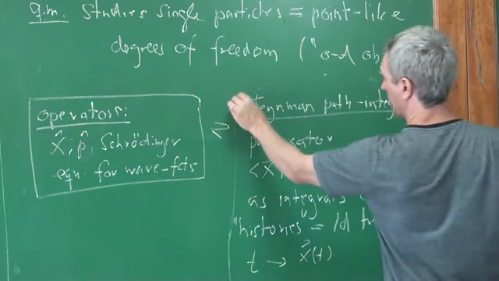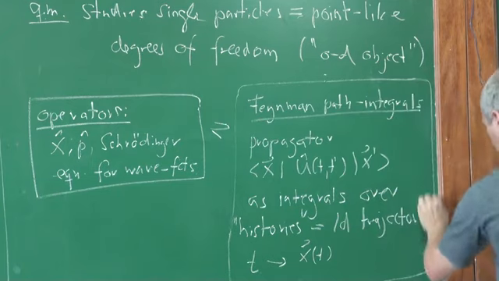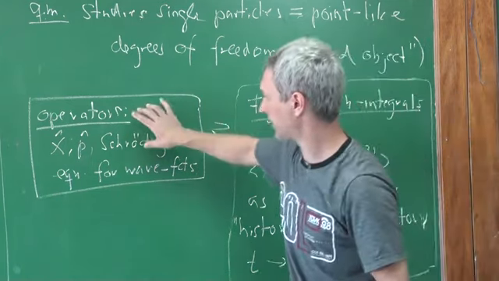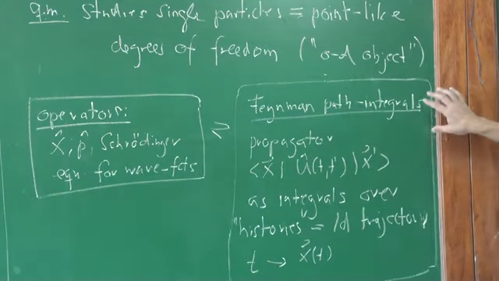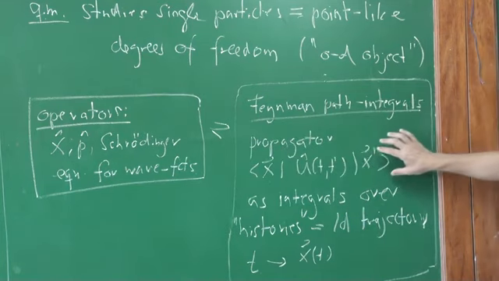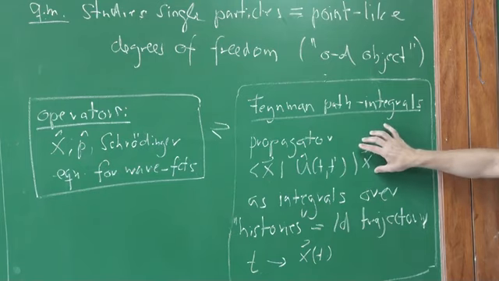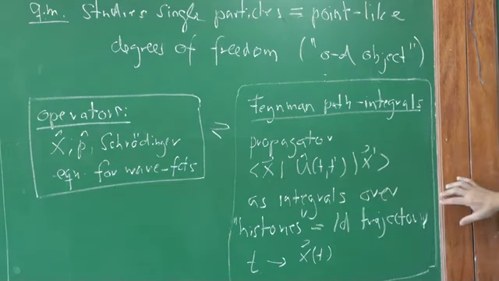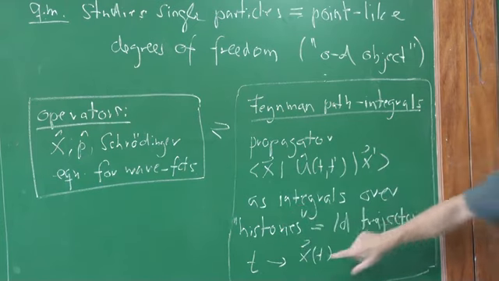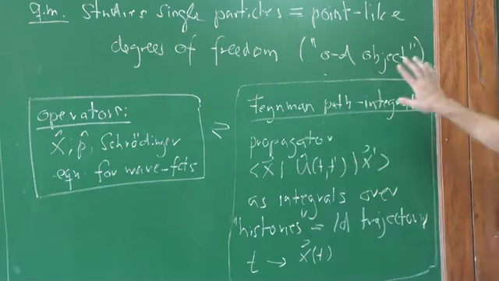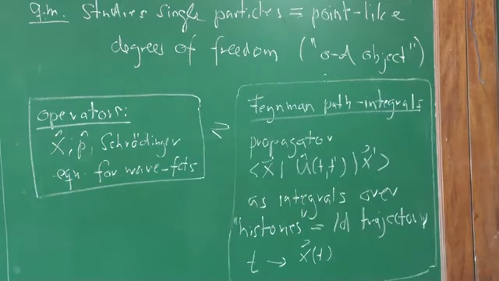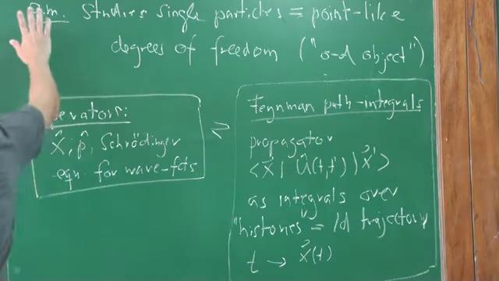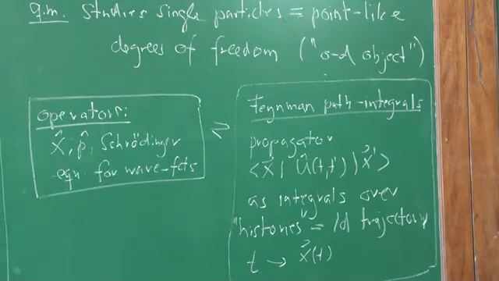So instead of going to some X representation, writing down the Schrödinger equation for the wave function and trying to solve it, the Feynman path integral directly studies the matrix element of the time evolution operator, the propagator, and represents this as integrals over histories, which are now one-dimensional objects. This is a very brief summary of the idea of the two different descriptions of quantum mechanics.